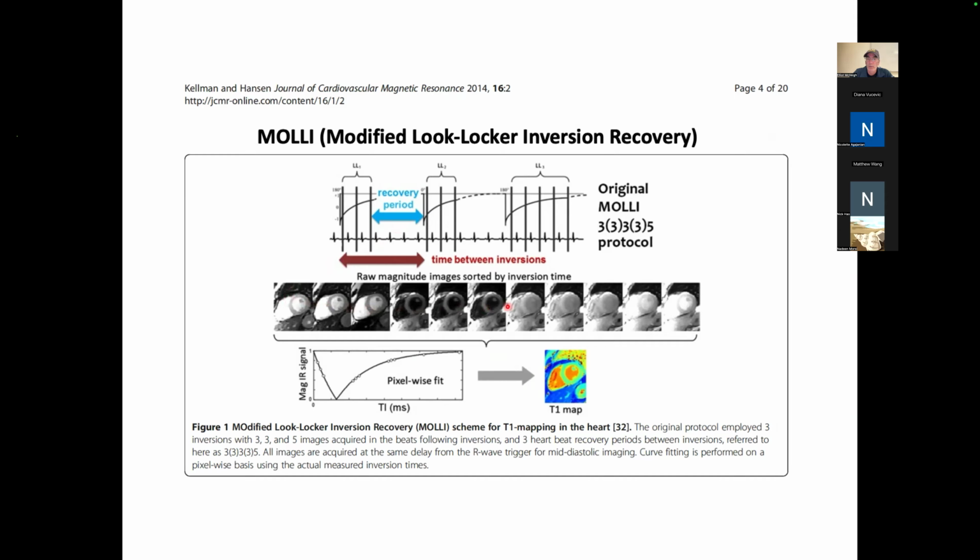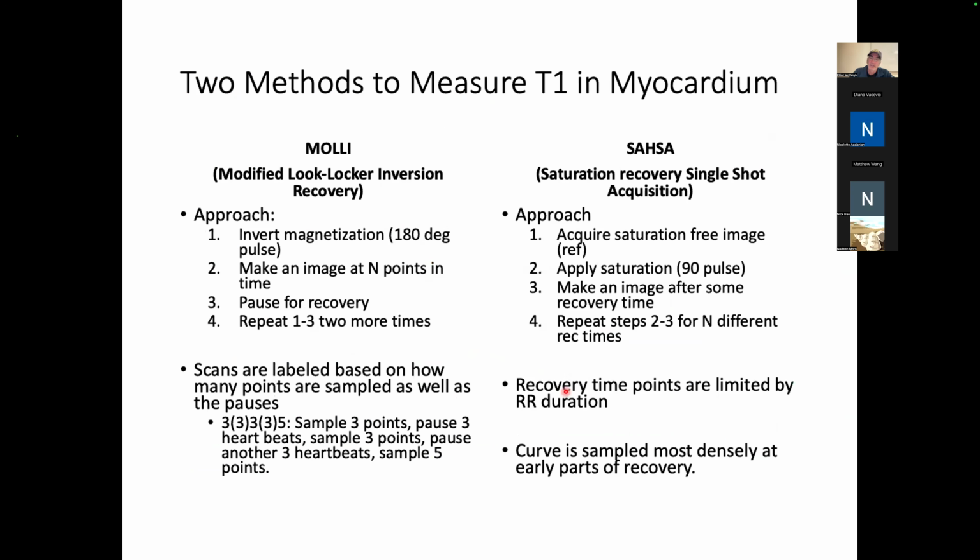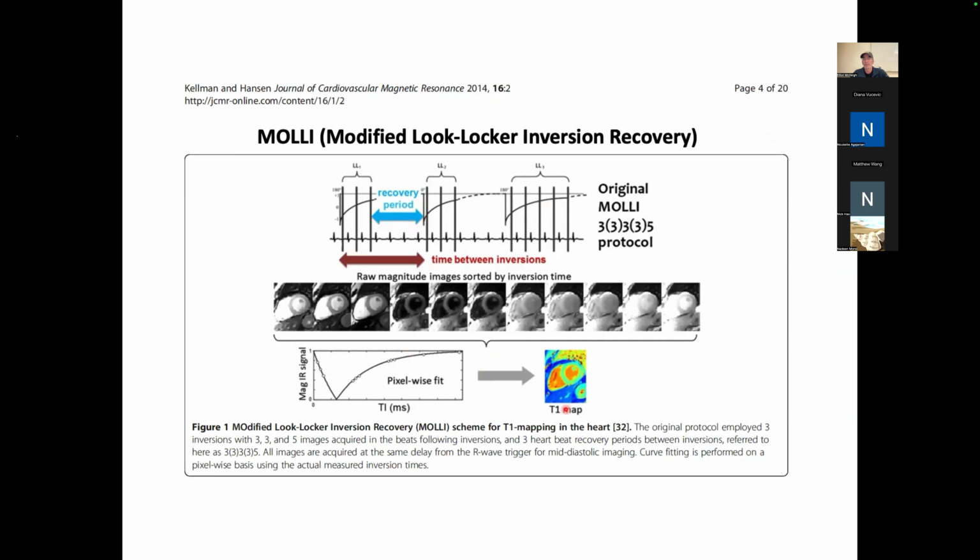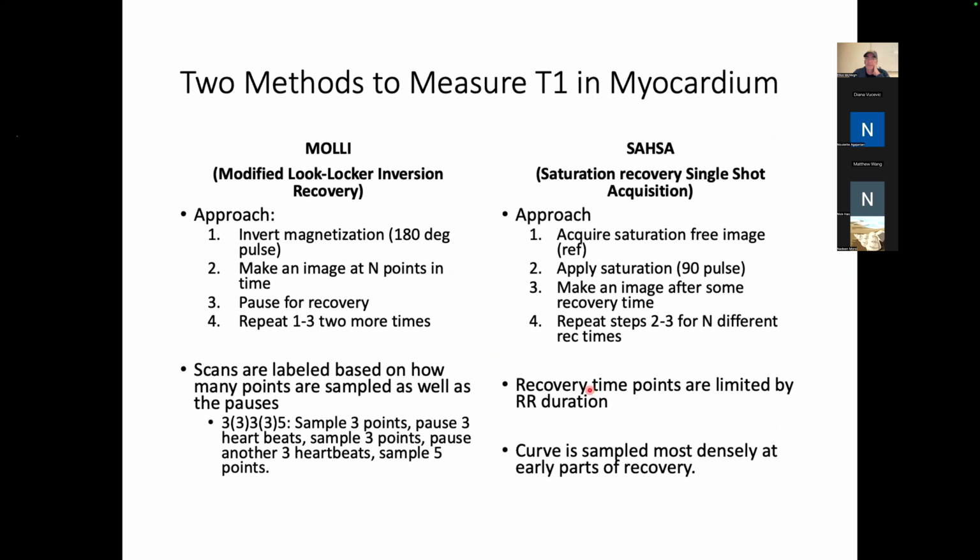And so we get a whole sequence of these pictures very rapidly that can be fit to this model here. Again, it makes a T1 map. If you do these carefully, you can then use these T1 maps for those diagnostic cases that I was showing earlier.